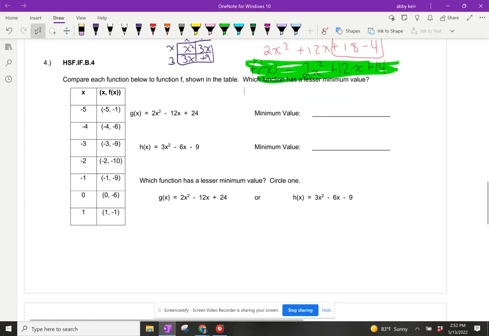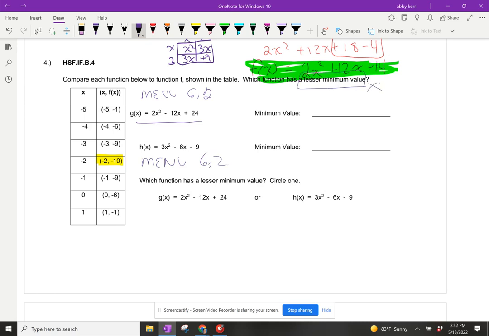Number 4 is all about the calculator. We want the vertex. How we find the vertex of this equation is menu 6-2. And then we're going to find the vertex of this equation, and we're going to compare which one has the smaller y value.